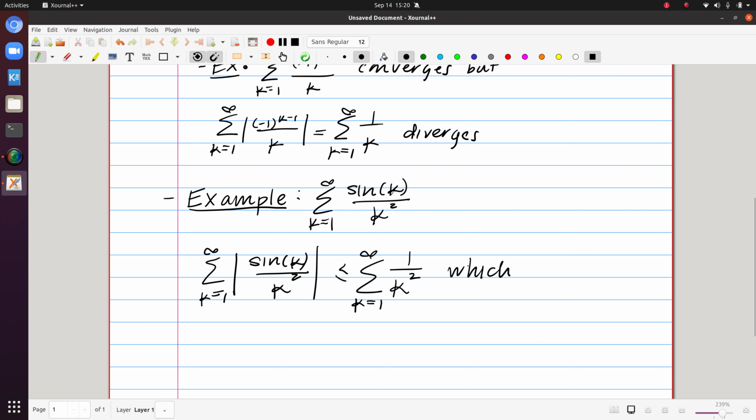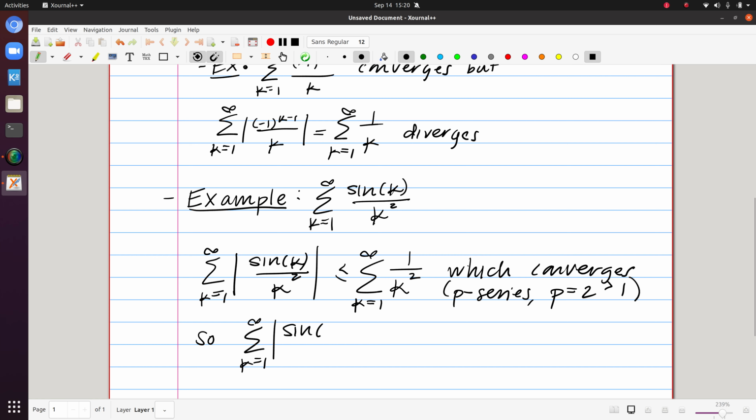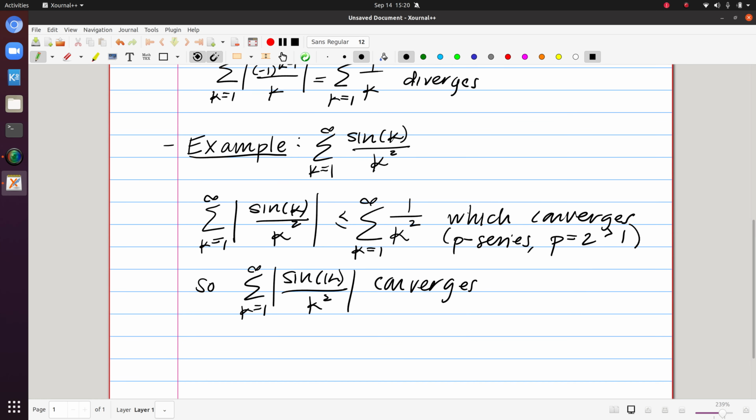So we know that this series converges. It's a p series where the value of p is 2, which is strictly greater than 1. So that means that the sum of the absolute value of sine of k over k squared converges, and it's important here to say why. What we're using in the line above is the comparison test.